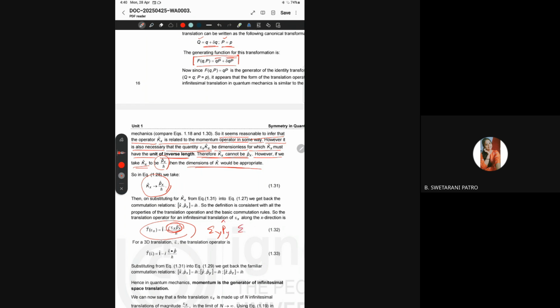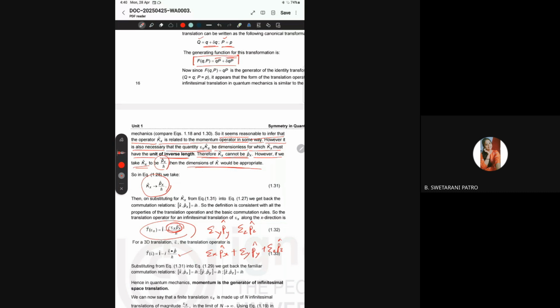For z direction, it will be epsilon z pz. So if we combine that, it will be epsilon x px plus epsilon y py plus epsilon z pz, which is nothing but epsilon vector dot p vector.